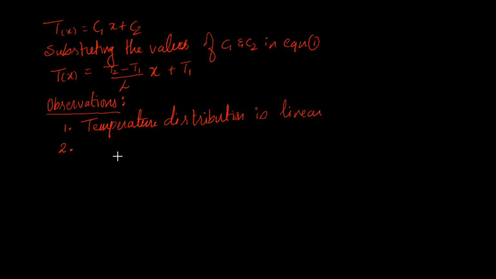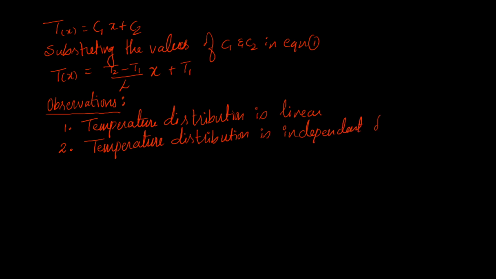And the second observation is the temperature distribution is independent of K. There is no K term here. I have only temperature 1, temperature 2 and L as well as x. So the temperature distribution is independent of K, which means to say that it is independent of material.